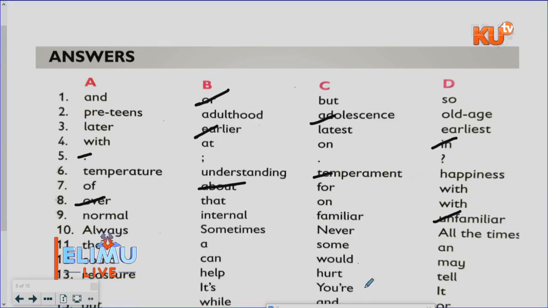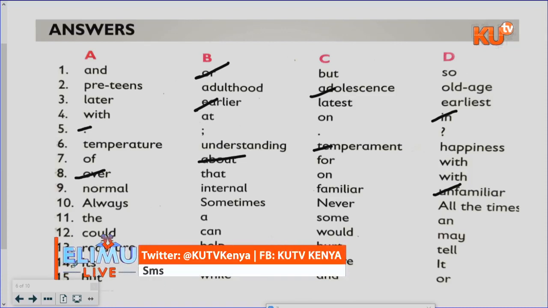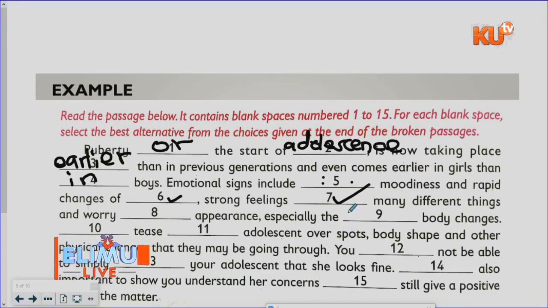So there it is logic you are applying to answer that question, because an adolescent could not worry about familiar body changes. He or she could worry about the unfamiliar ones. Question 10, which says, especially the unfamiliar body changes. So we have answered that too in this one.